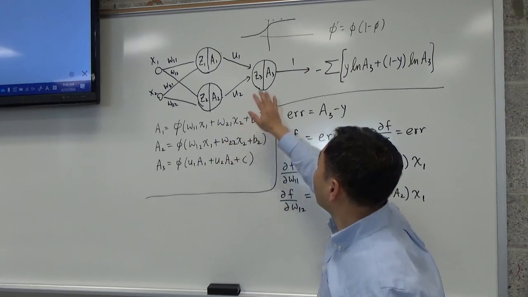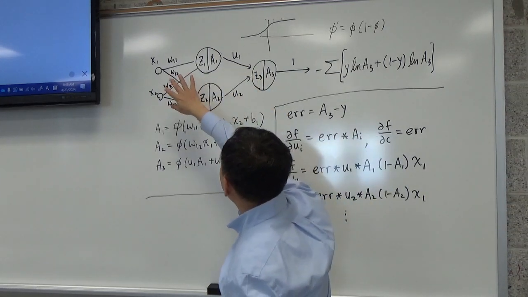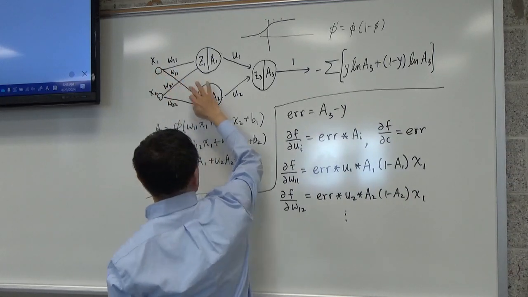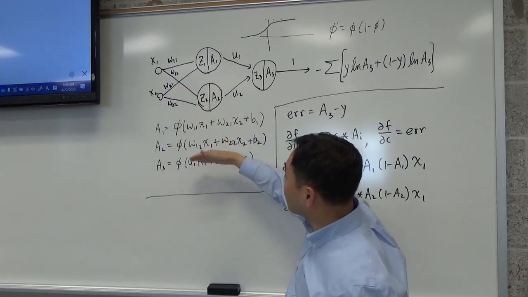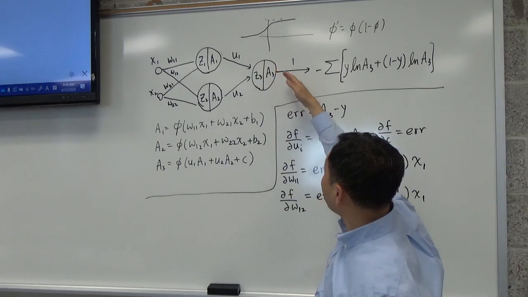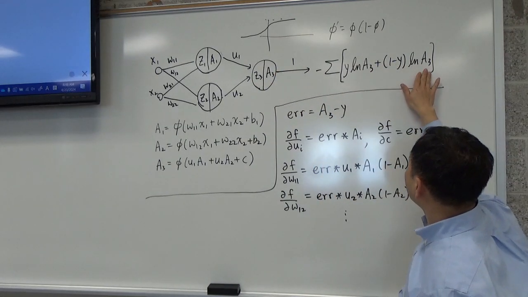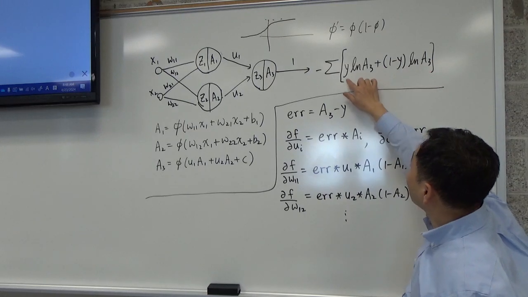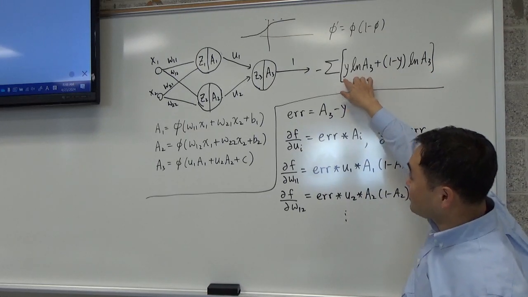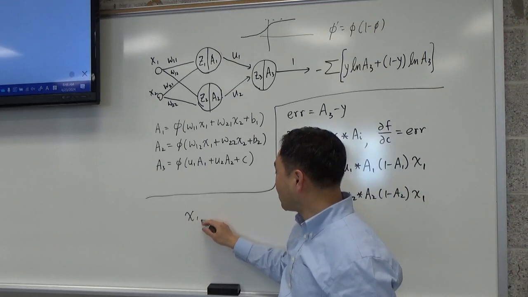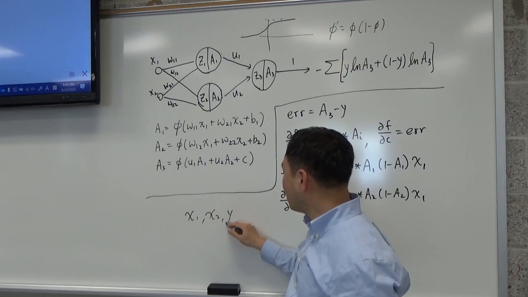And then what it does is, at the end of the day, when any 2 inputs, x1 and x2, are fed into it, it just calculates A1, A2, A3 in exactly the same manner, and then feeds it into this value, where y is either 1 or 0. And the inputs are always a triple, right? x1, x2, and then y.